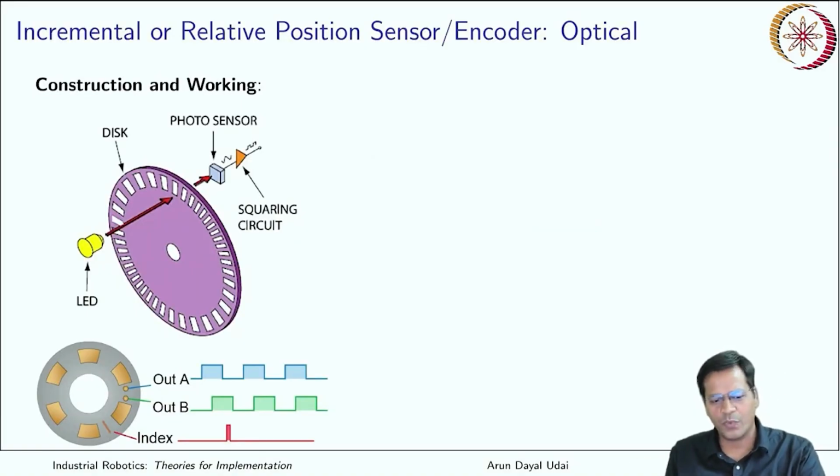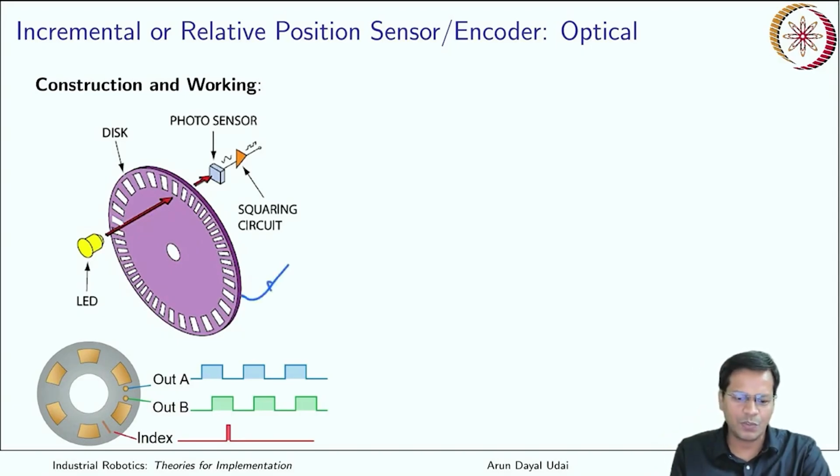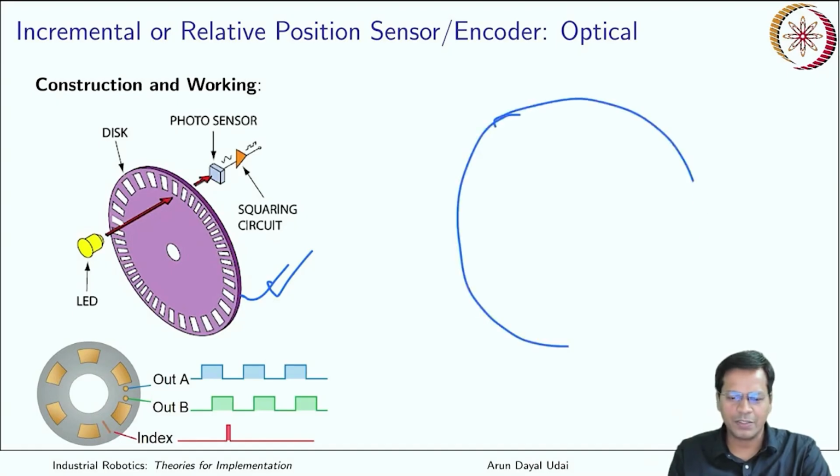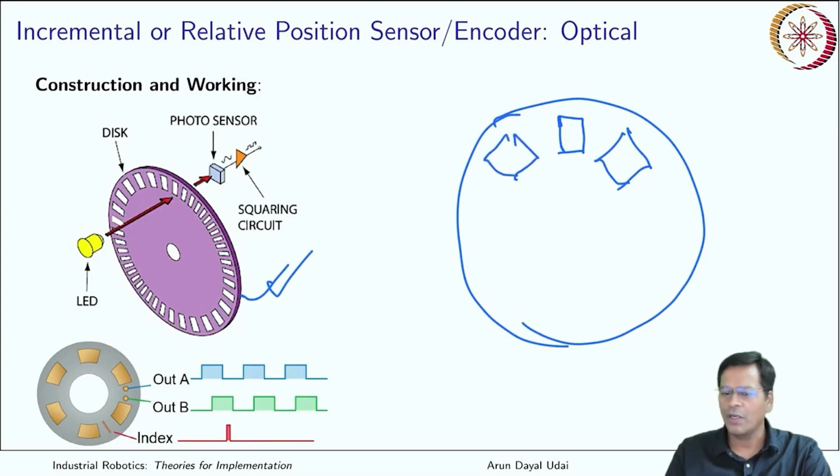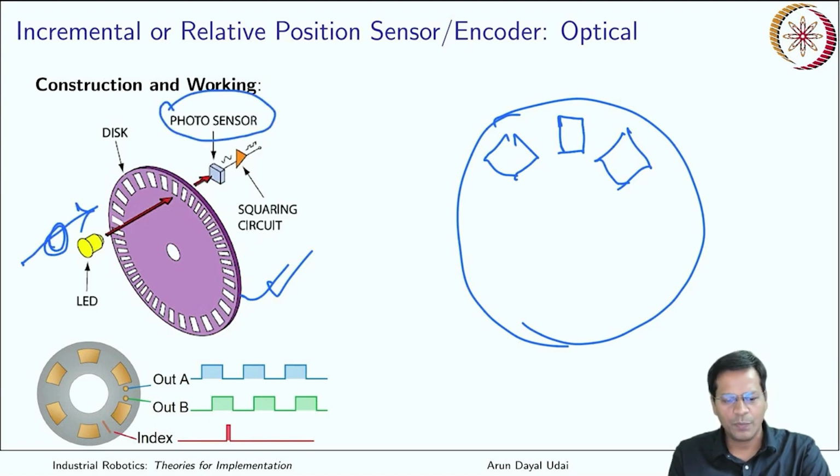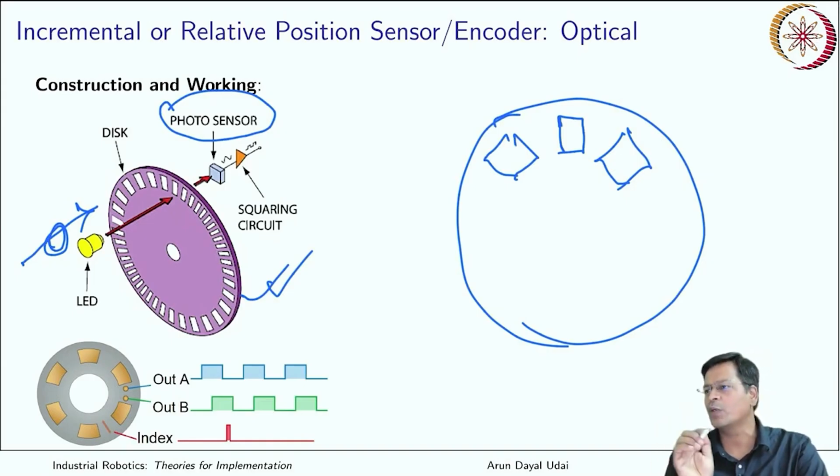So how does it work? This is very simple. You see there is a disk with windows, those are holes in this disk. If you have an LED light from one direction and a photo sensor on the other side, the light will pass through whenever it encounters a window.